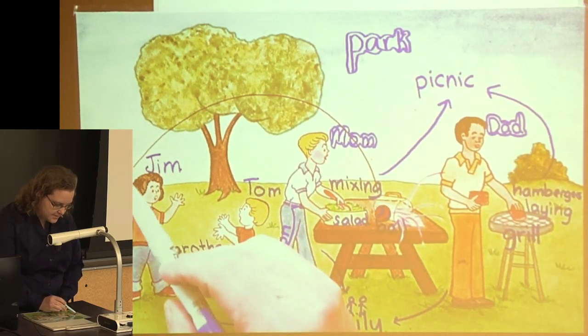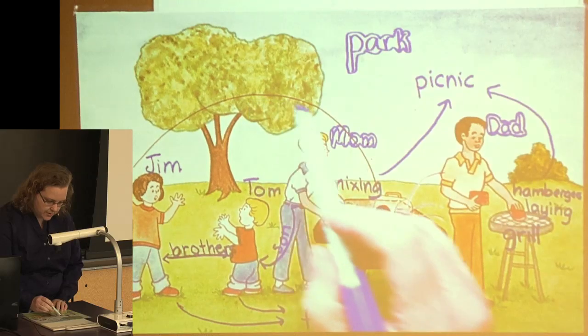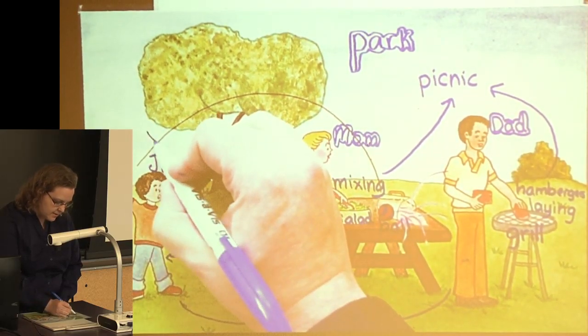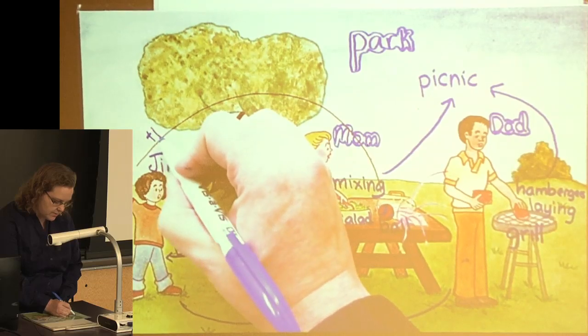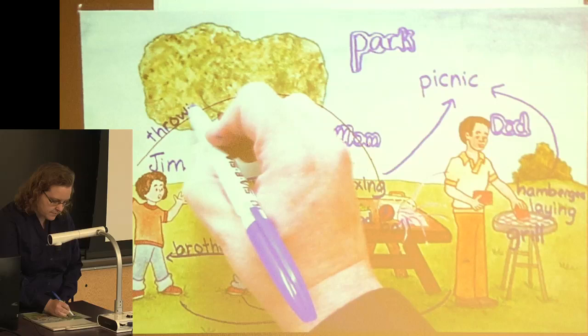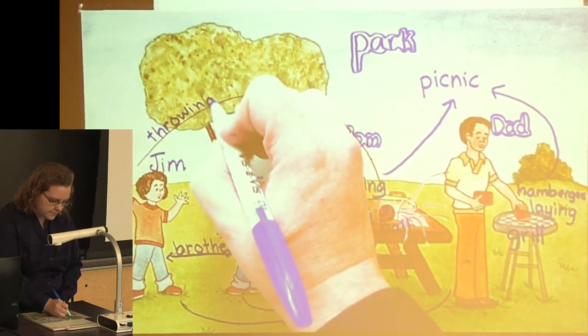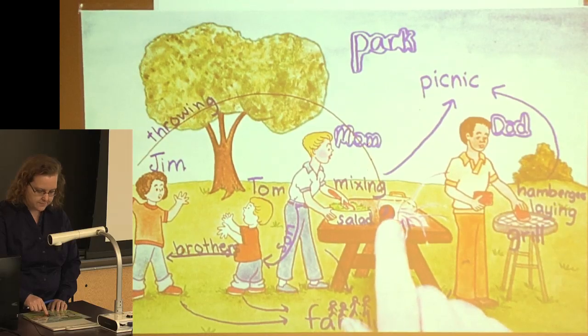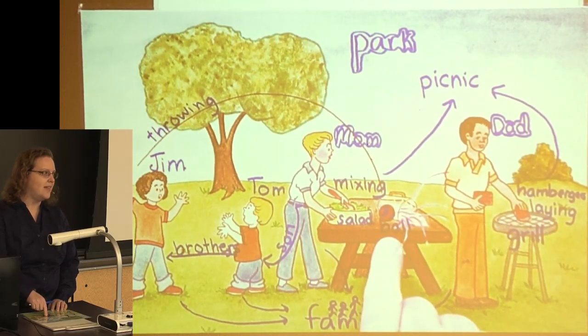And I see that there's this line here that tells us where the ball is going. So I'm going to put the idea of throwing right on that line because I'm pretty sure that Jim was throwing the ball. So Jim and Tom were throwing the ball. Unfortunately, that last throw was just too strong, and that ball just flew right over Tom's head.